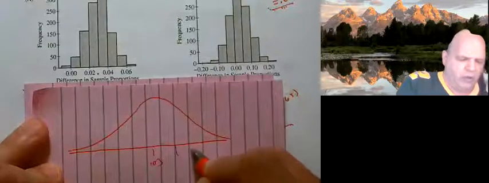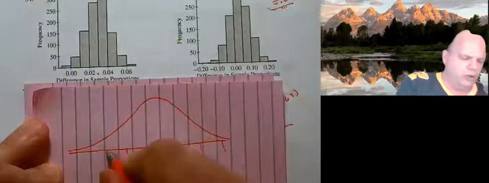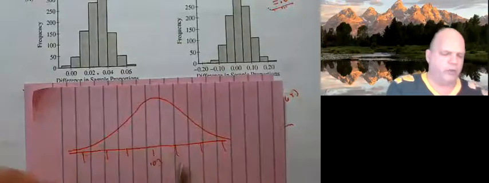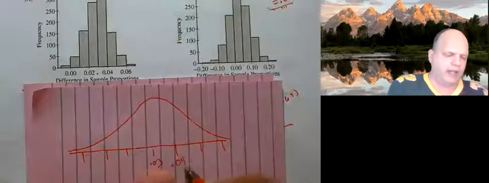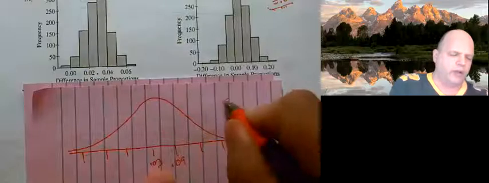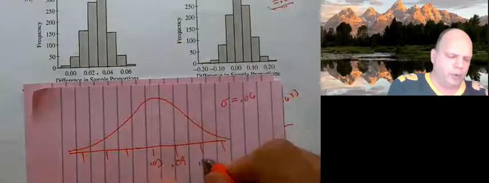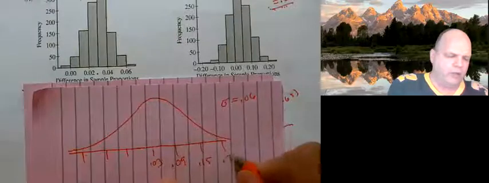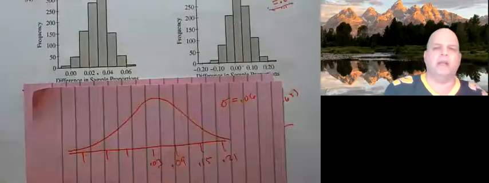We're going to have 1, 2, 3 standard deviations this way, 1, 2, 3 standard deviations this way. 0.03 plus this is 0.09. That's adding 0.06, because we said our standard deviation is about 0.06. Then I do this again at 0.15. Then I get 0.21.